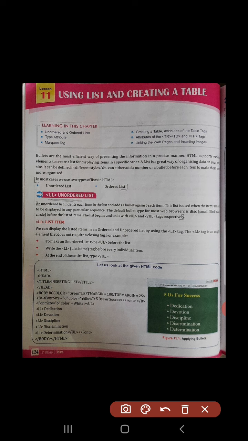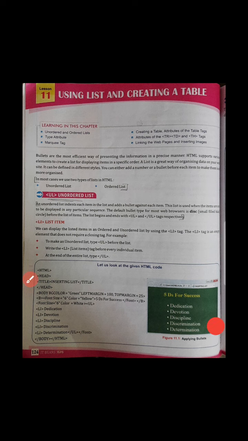The very first thing in this chapter is: what is a list, or what is the need of a list. A list is a great way of organizing data on your website. Your data seems to be very much organized if it is in list form.